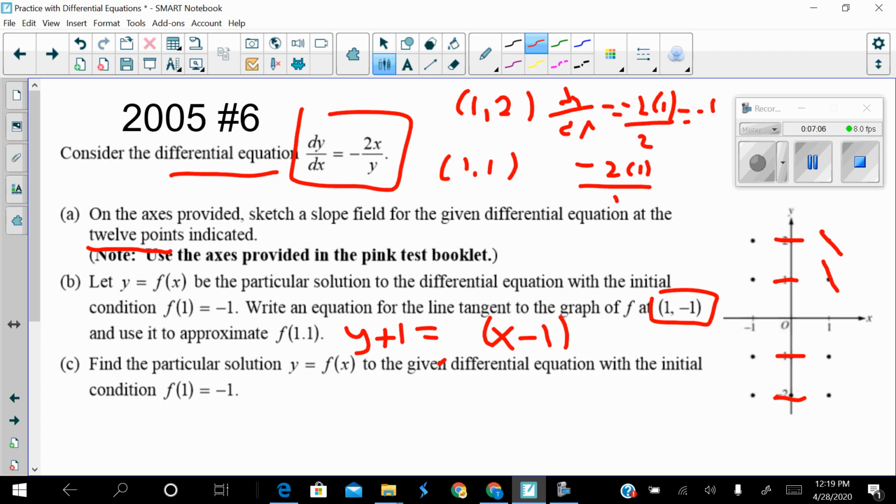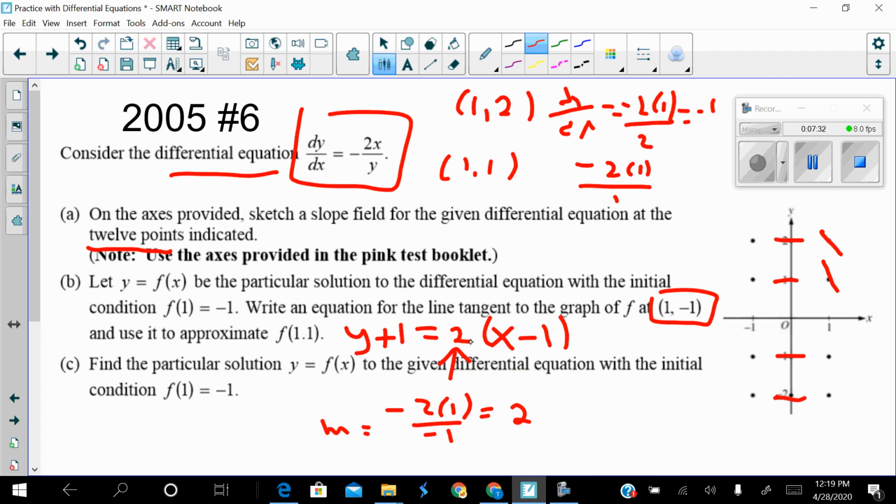So to figure out what the slope is, remember it's negative 2x over y. So to get the slope, negative 2, the x coordinate of our point is 1, and the y coordinate of our point is negative 1, so this comes out to be positive 2. So write the equation of the line tangent to the graph at that point.